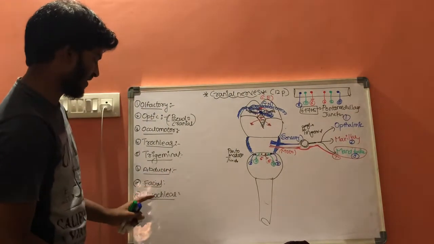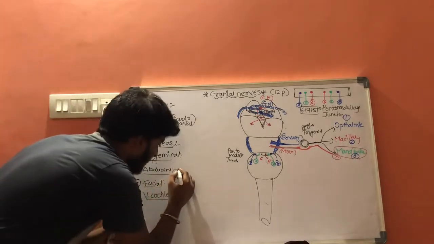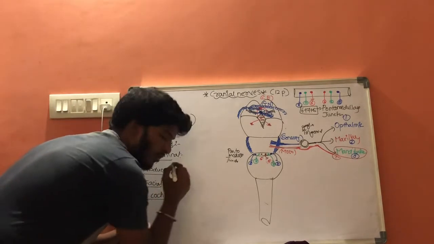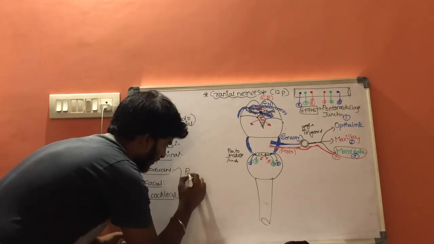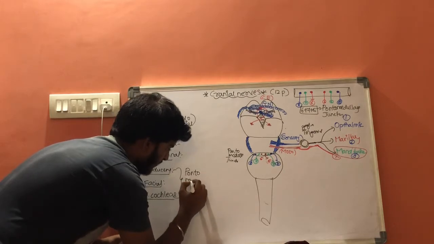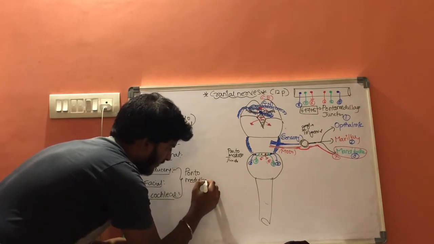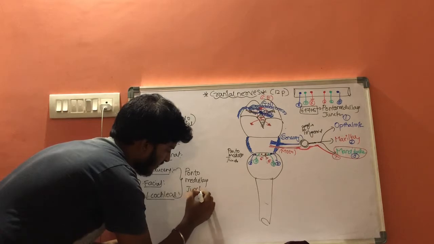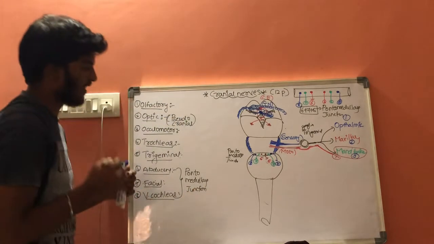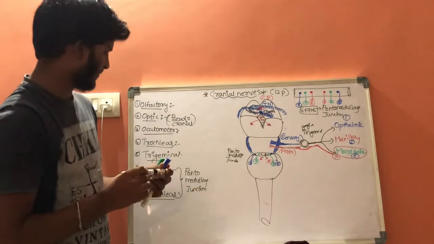Abducens nerve, facial nerve, vestibulocochlear nerve, these arise from the pontomedullary junction.